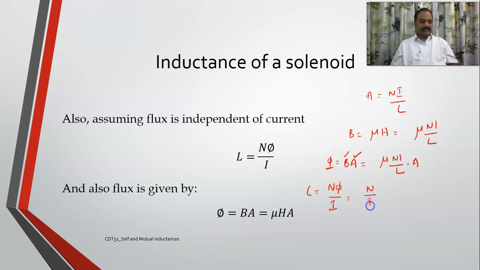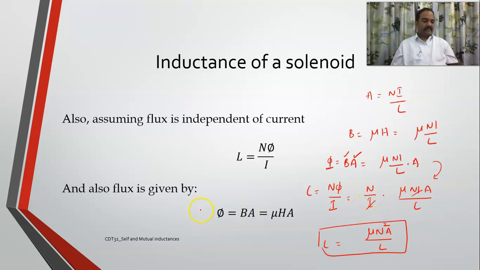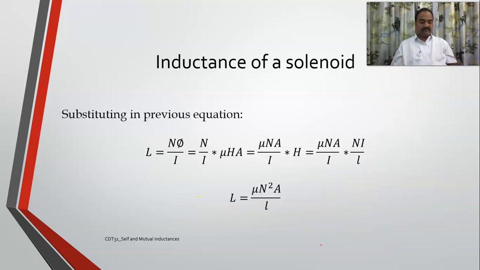So I'll take N by I into phi, which is mu N I A by L. I will get cancelled. So inductance is equal to mu N squared A by L. This is the expression for the self-inductance of a solenoid.